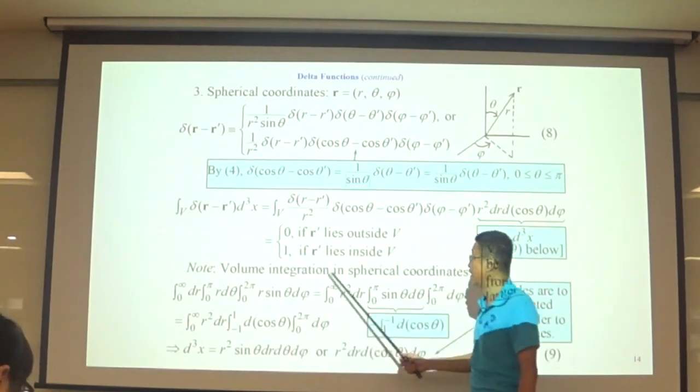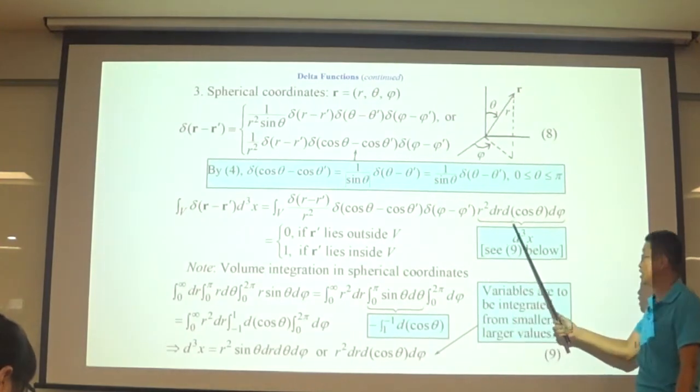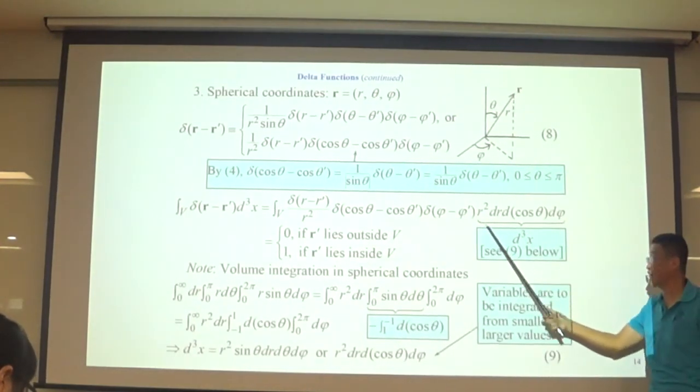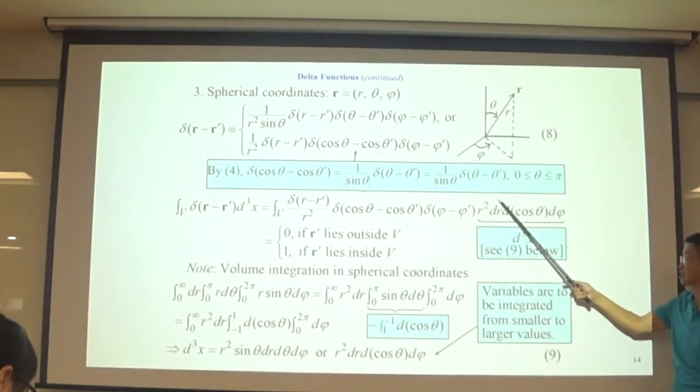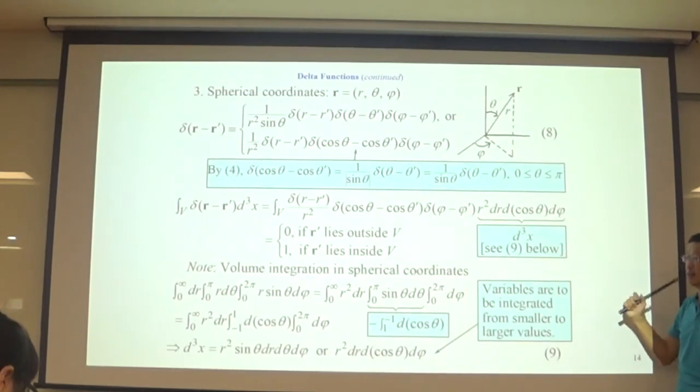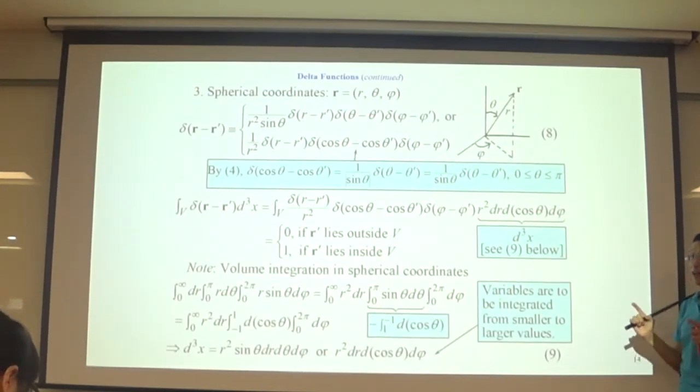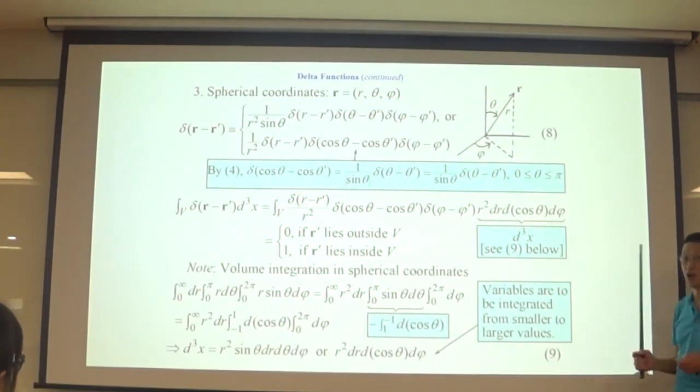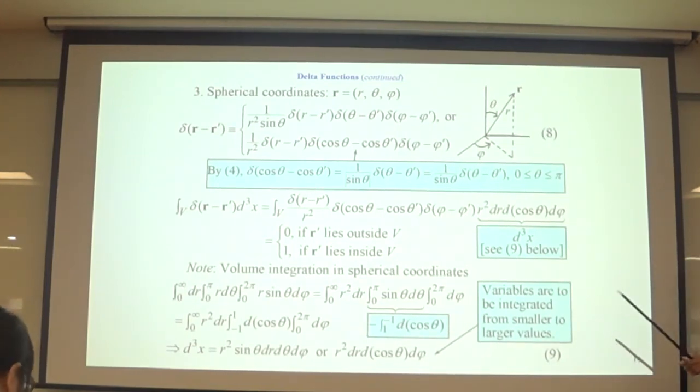How to do that? Because we know this property. The volume integration is r squared sine theta dr d theta d phi. We already know the volume integration.